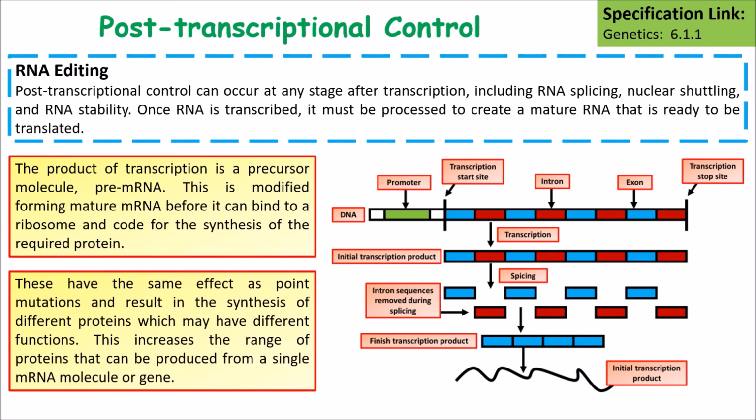These changes have the same effect as point mutations and result in the synthesis of different proteins which may have different functions. This increases the range of proteins that can be produced from a single messenger RNA molecule or gene.